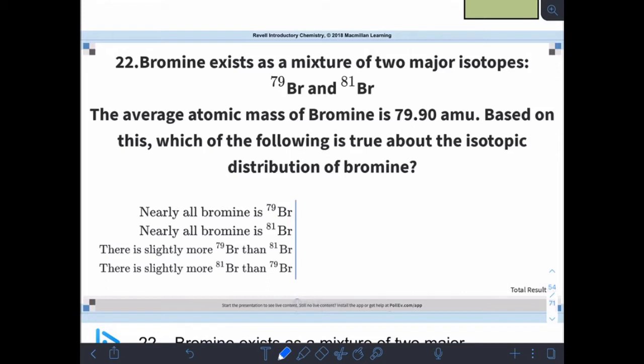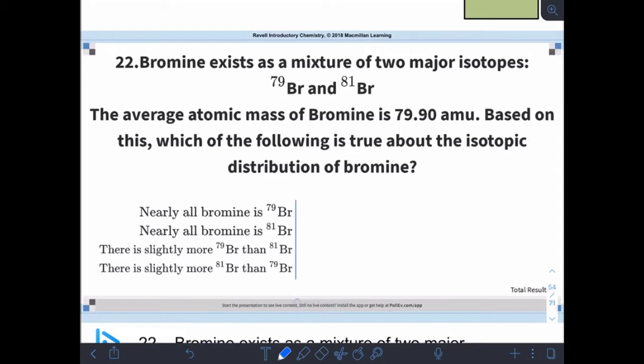All right, so we are back. Now, remember that number 79 and that number 81 are the mass numbers. That means protons plus neutrons, and each proton and each neutron weighs about 1 AMU. So if I have a mass number of 79, then I'm going to have an actual mass that is close to 79.